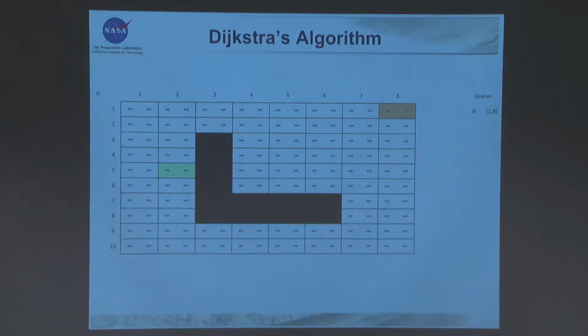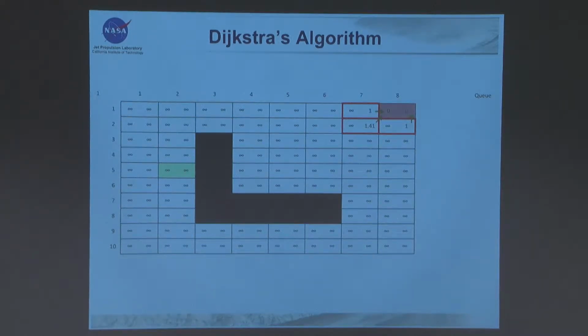At every step, the algorithm checks the queue and picks the top vertex. Here we have only one, so it picks this one. And it performs one operation, which we call the expansion of a node. When I say expansion, it means it takes this J bar value and assigns it to the J value. It's like an assignment from right to left. Then you check your neighbor vertices, and you update their J bar value.